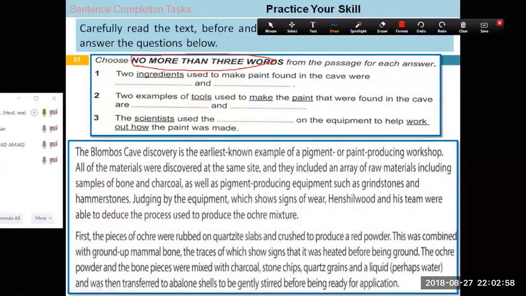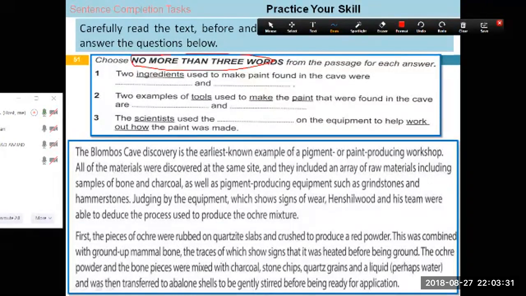Okay. What about question number two? Two examples. Abdurrahman, you will tell me the answer of question number two first, then doctor, then Amjad.